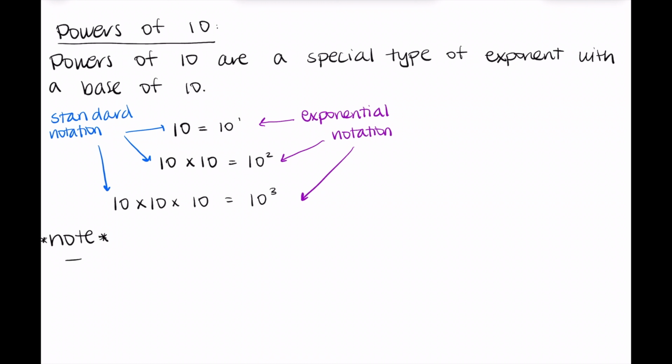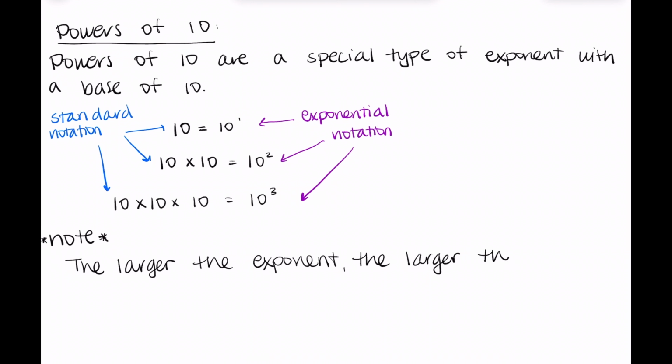Now, an important note is that if you look at the left-hand side and the right-hand side and then how we worked our way down, we notice that the larger the exponent, the larger the number. So if we look in standard notation, we have the 10s being expanded out by multiplication, right?